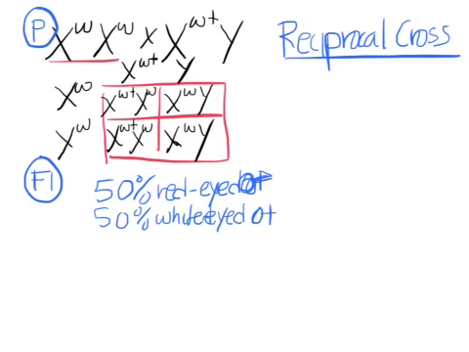And so if we take one female from here and one male from this result to do the F2, that means we're going to have this cross. Okay, a red-eyed female crossed with a white-eyed male. And let's see what we would get.